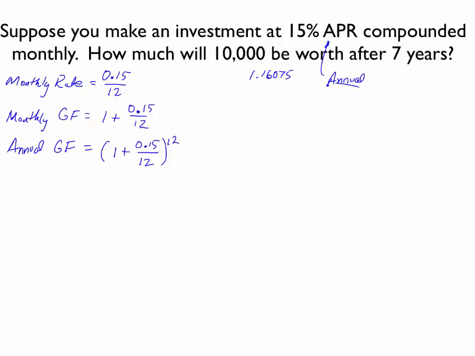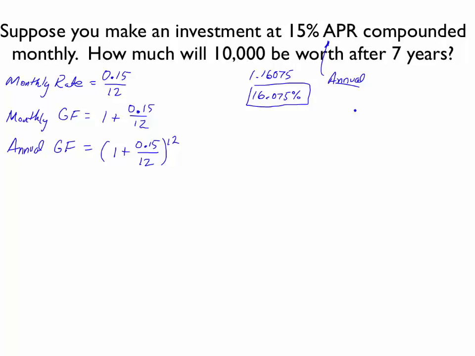Therefore, what's the APY? What's your true percent increase per year? 16.075% would be the true percent change per year. If it was 15% APR compounded monthly, the percent change is truly 16.075%.